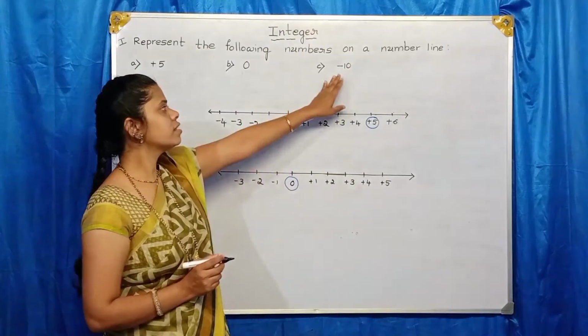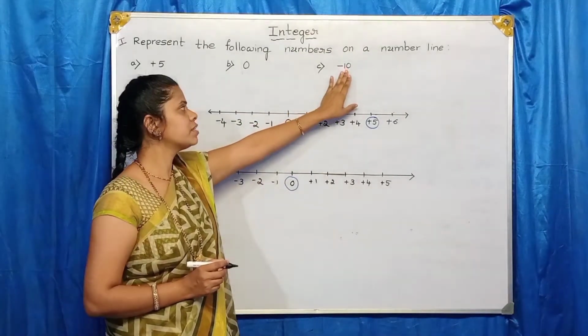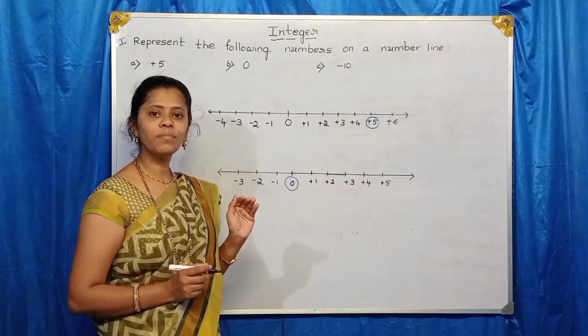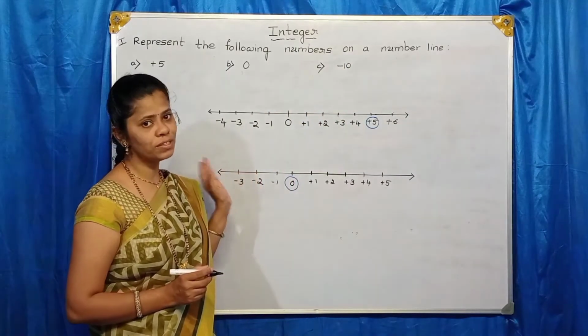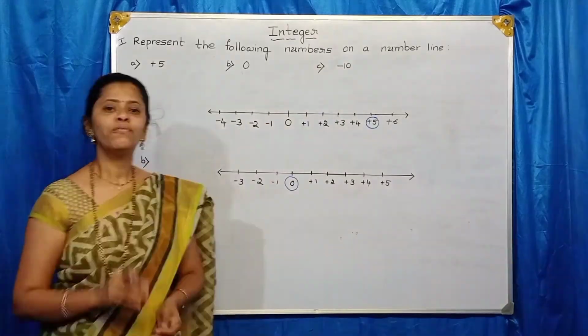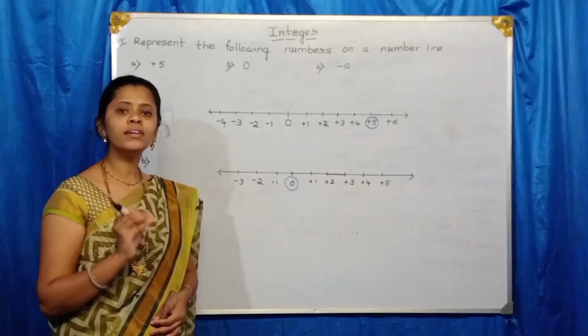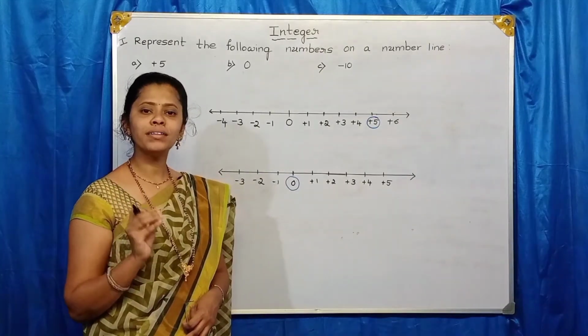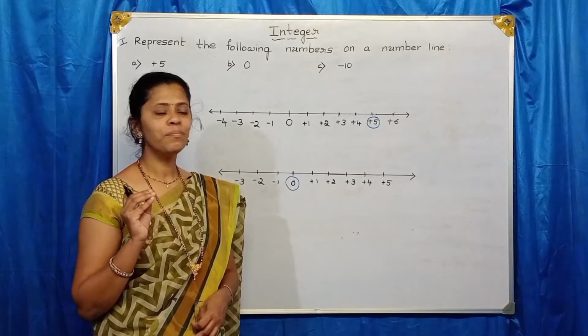Now, let's solve this third problem. Let's represent minus 10 on a number line. And you know that the negative numbers are on the left side of 0. Isn't it? So, let's do this. For this also, you have to follow the same steps as we have done before. You have to mark the numbers till minus 10.